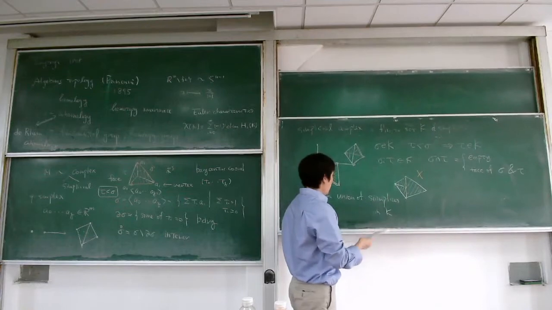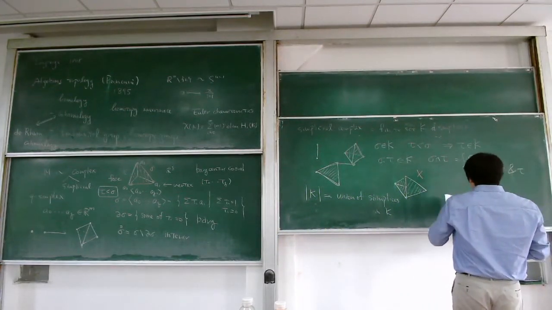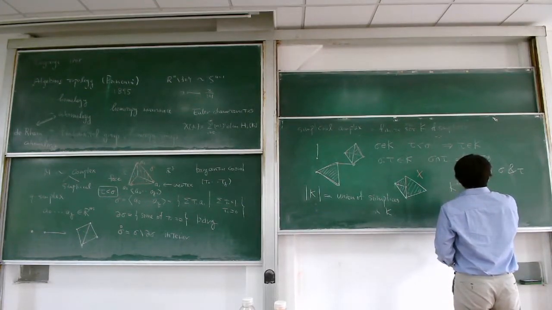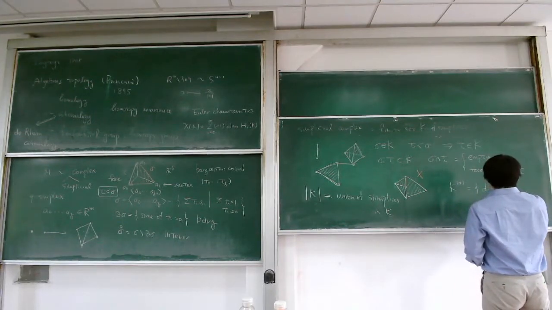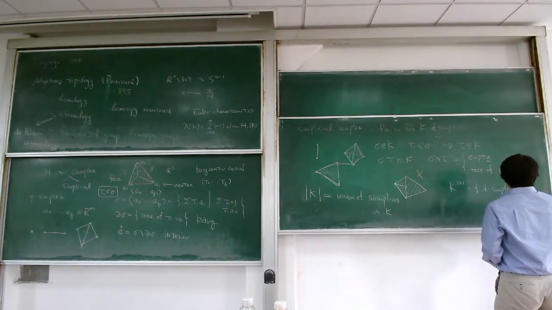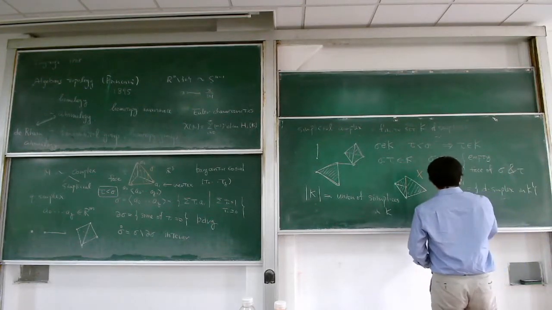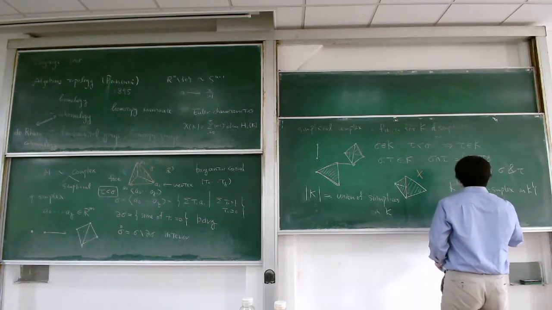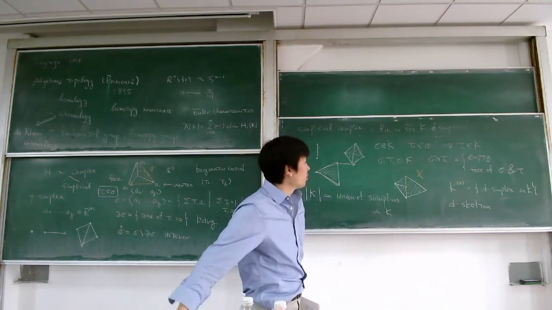And for instance, people write K_d for the bunch of d-simplices in the union, and this is called the d-skeleton.